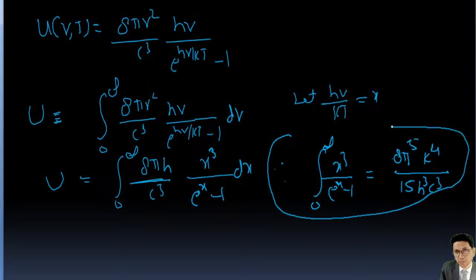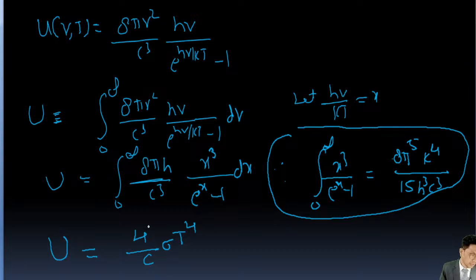You need to remember this value. So after solving this, the total energy density is going to be 4 upon c into sigma T to the power 4. So we have expressed total energy density in terms of Stefan-Boltzmann's total power per unit area.